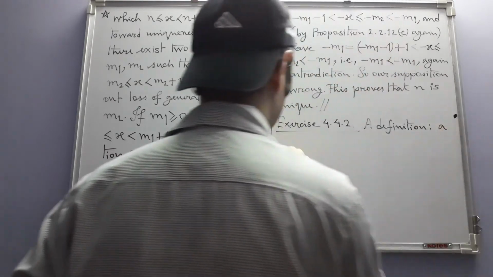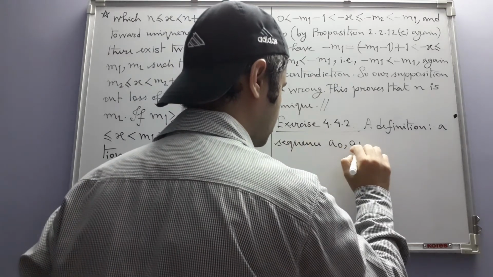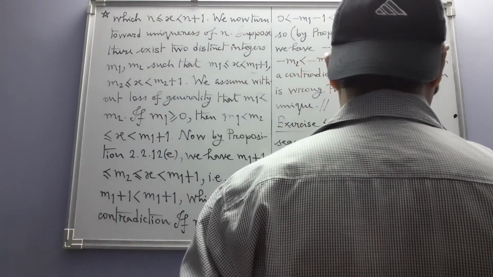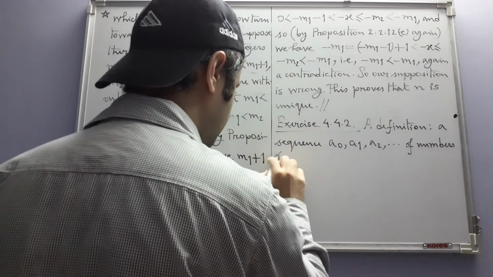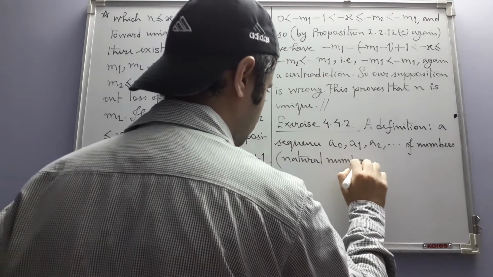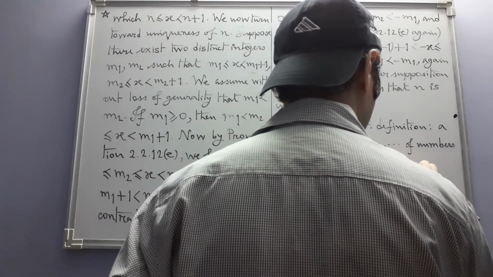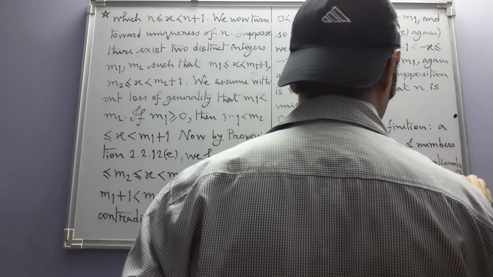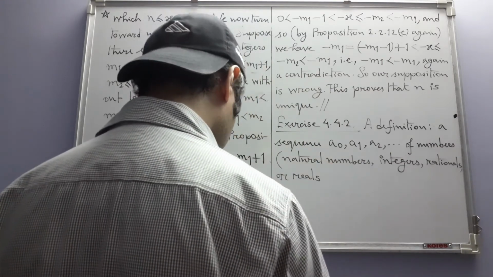A sequence A0, A1, A2 and so on of numbers, and the numbers can either be natural numbers, integers, rationals, or reals, that is real numbers.